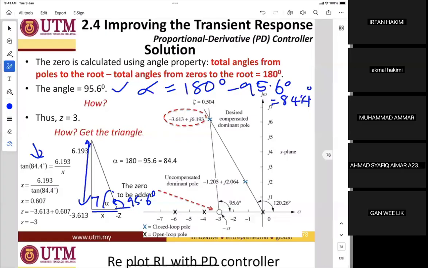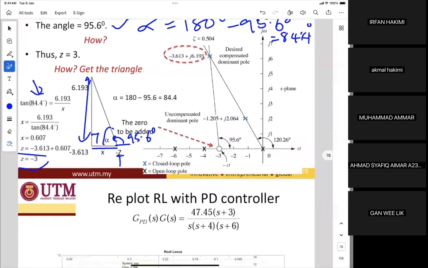Tangent 84.4 equals 6.193 divided by x, the length between the zero to minus 3.6. Then simplify, x is 0.607. So 3.613 plus 0.607, this point is known as minus 3. The zero is at minus 3, guys.